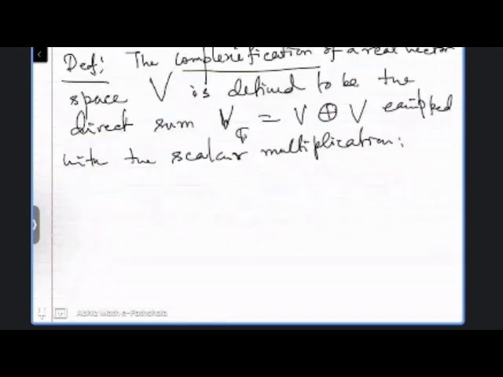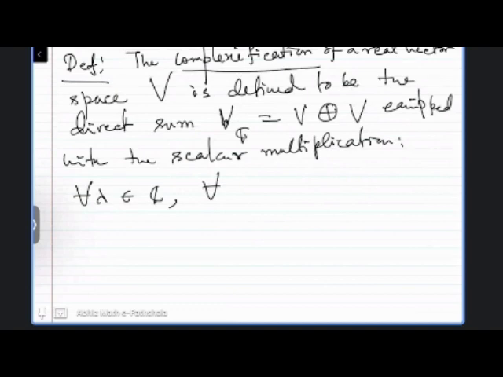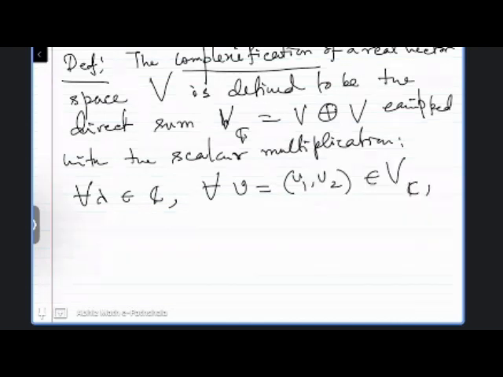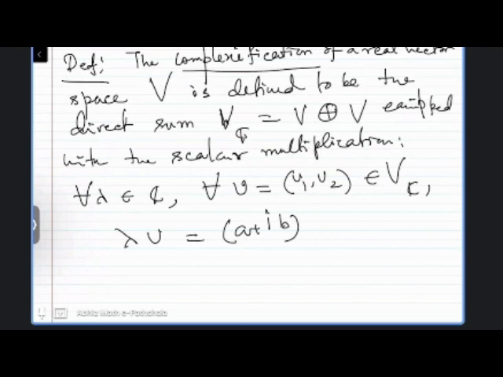So what would be the scalar multiplication here? For all lambda in C, suppose we take a small v, which is a direct sum, so you are taking some v1, v2. We are going to create a scalar multiplication, lambda v. Lambda v means, suppose a plus ib is the expression of lambda, and v is the direct sum v1, v2.